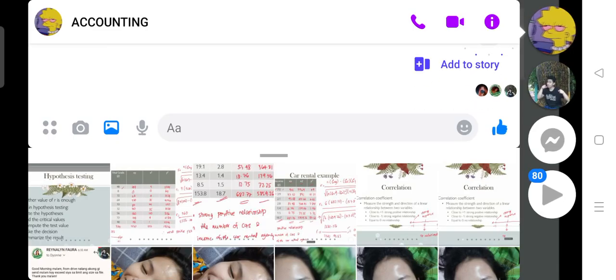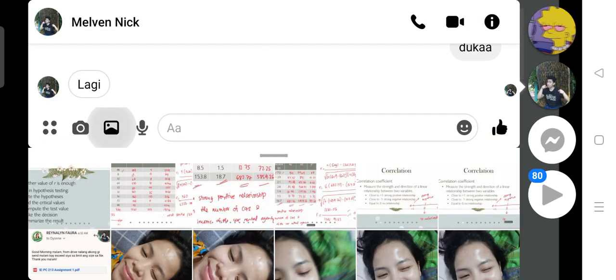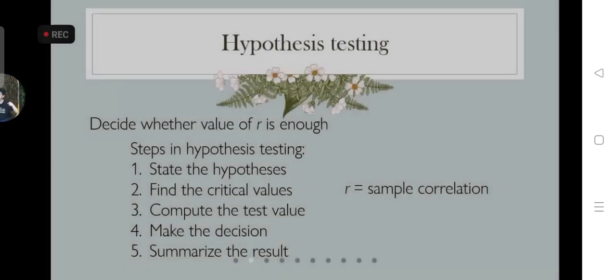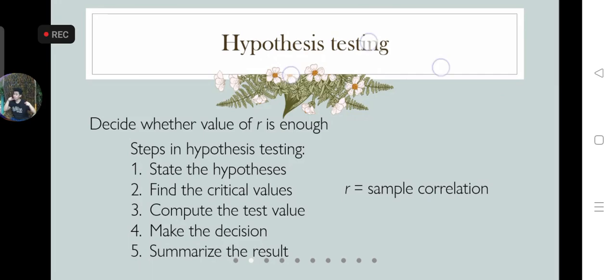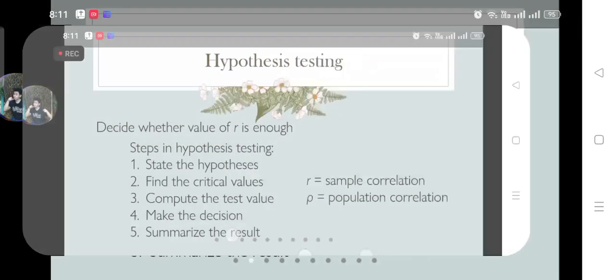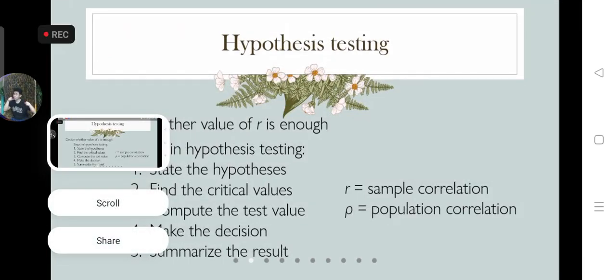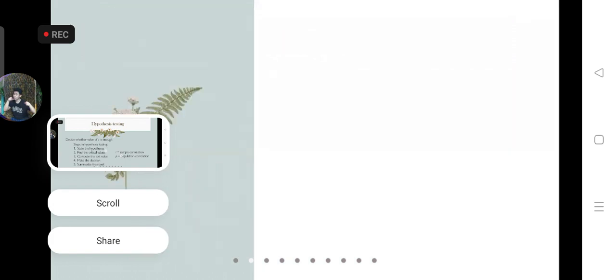So in the correlation testing, we are using R symbol since it identifies sample correlation. But in hypothesis testing, we will be using symbol rho, which is the population correlation. It does not really have an impact on your solutions, but it will affect it nevertheless.